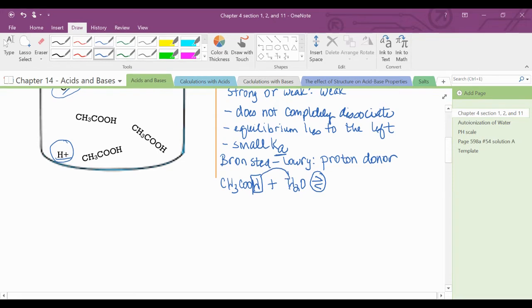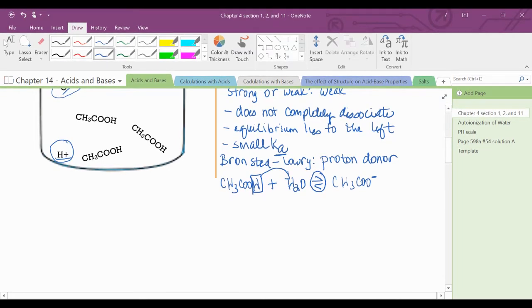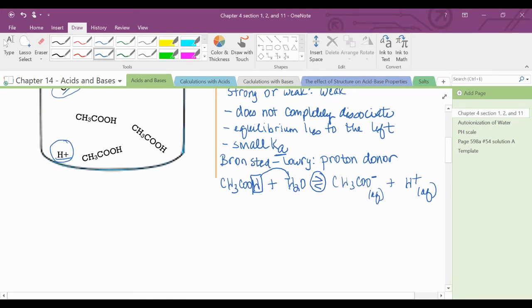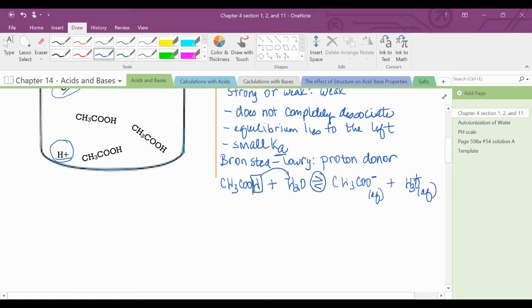It's going to give it away. So we're left with CH3COO-. The H breaks off. And so that's how I ended up with an acetate ion and a hydrogen ion. And that hydrogen ion attaches to water. So this actually becomes H3O+, which we know is the hydronium ion from acid-base chemistry.